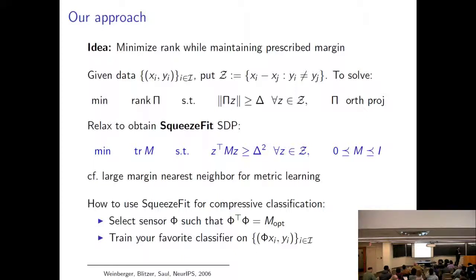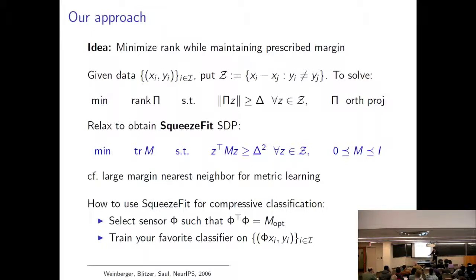So by feasibility in SqueezeFit, we know that the norm of phi applied to any member of the difference set is going to be at least delta. You're preserving this margin. So you can take your training set, apply phi to the Euclidean point to get an R-dimensional version of him.